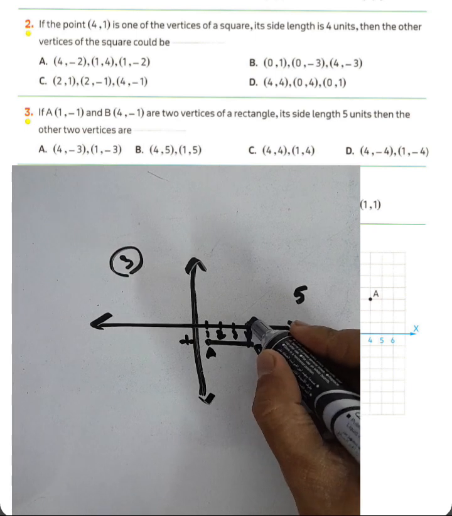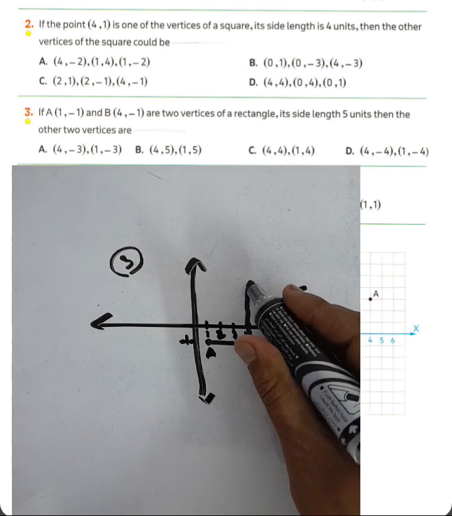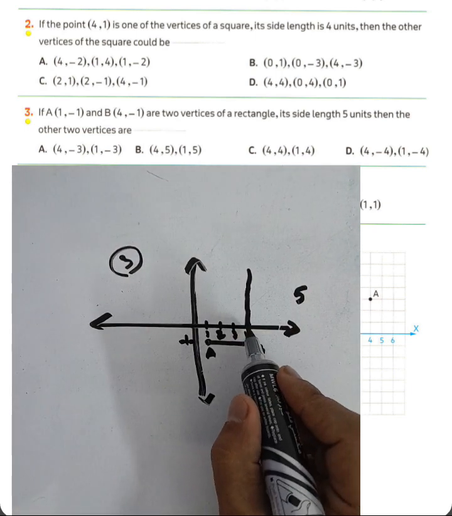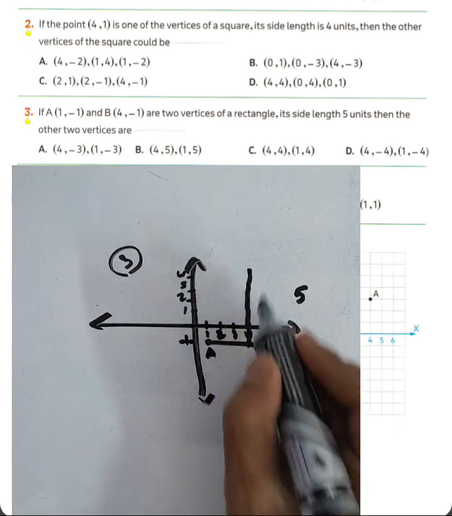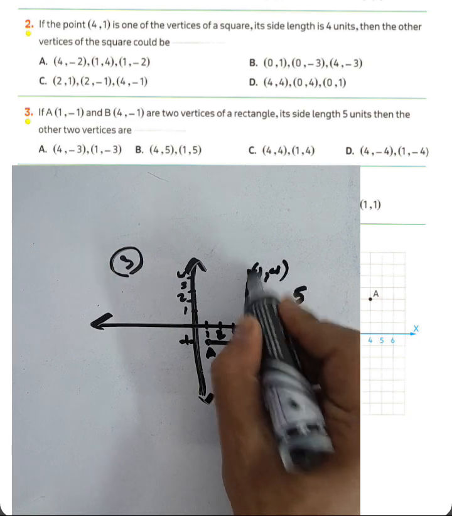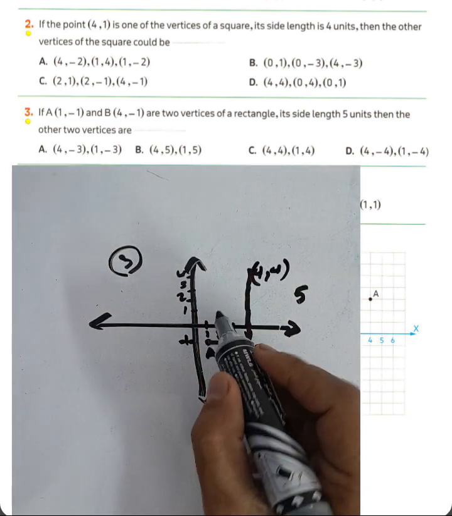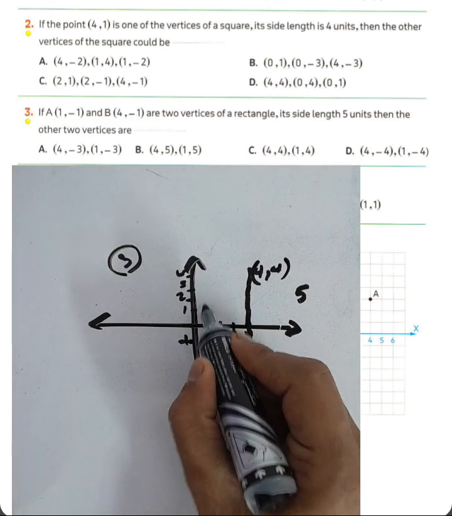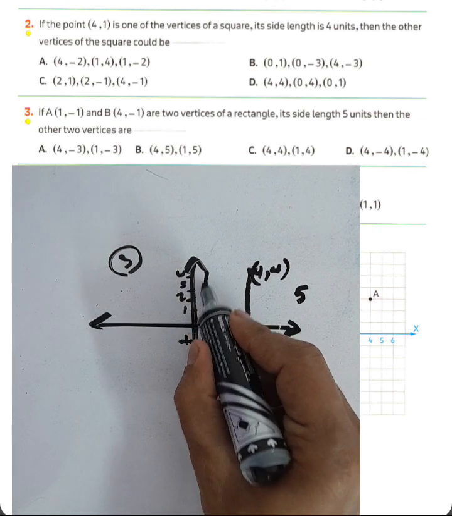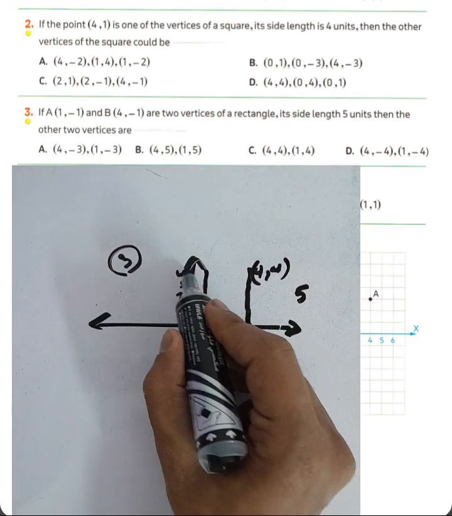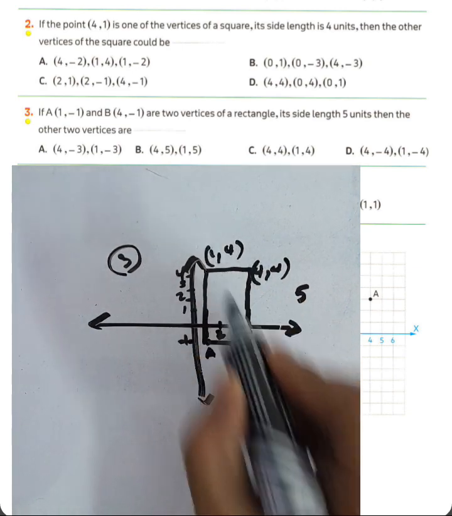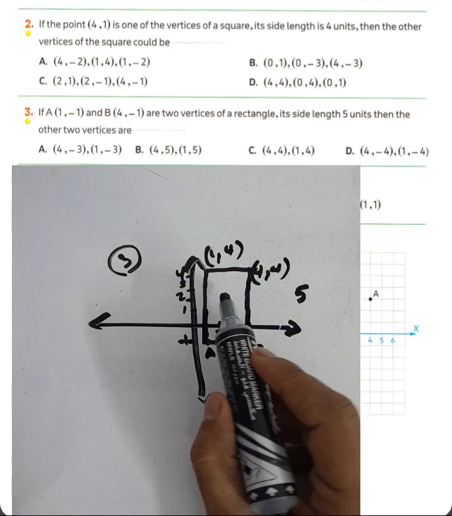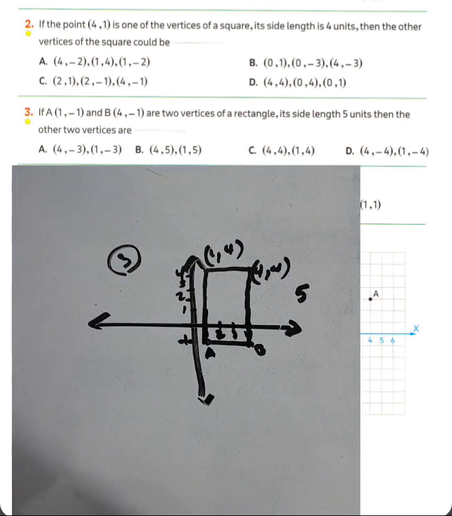Count with me, 1, 2, 3, 4, 5. Then the order here will be 4 and 4. And going up 5 units, 1, 2, 3, 4 and 5. Then the order here will be 1 and 4. Then we have 1 and 4 and 4 and 4.